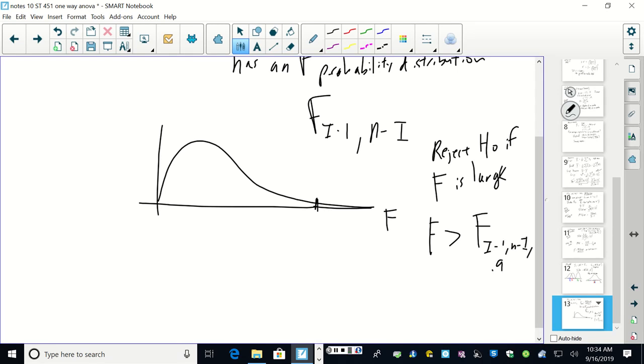So if we get an F statistic that's up here, this is our rejection range. We use 95% here and 5% up here, so it's a one-sided test in that sense. Everything's squared, so all the deviations, whether negative or positive, become positive, so it's all folded over on that side.